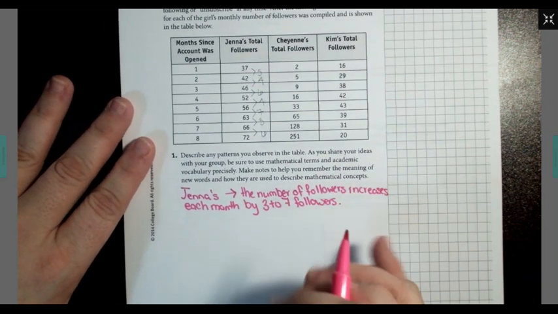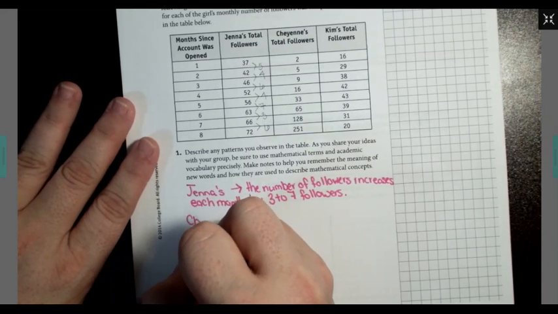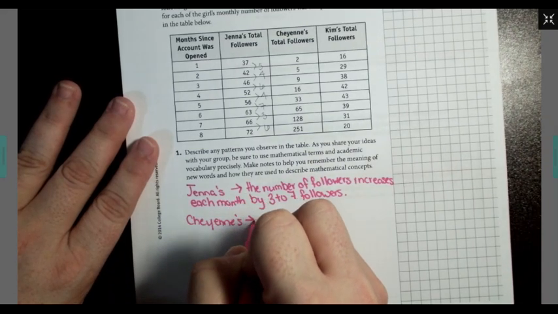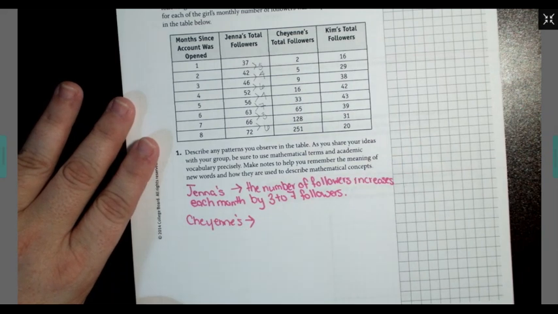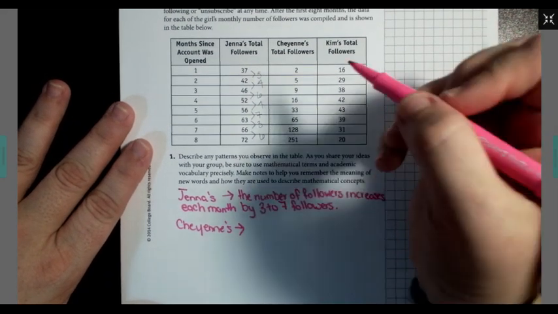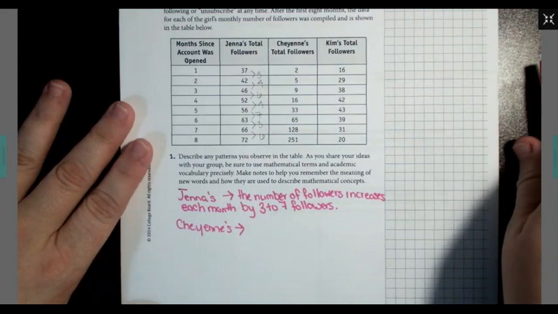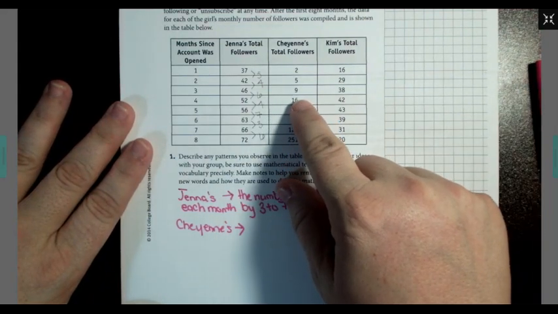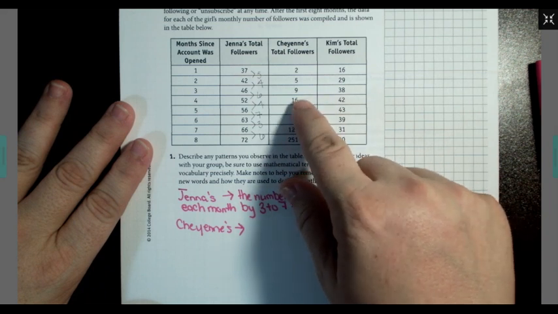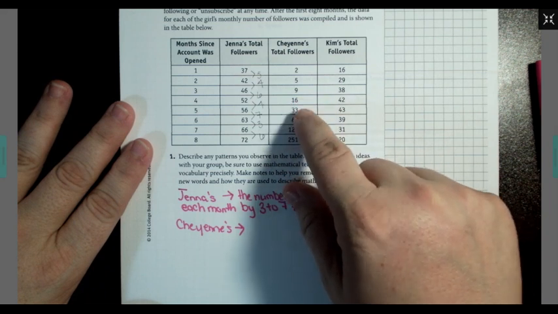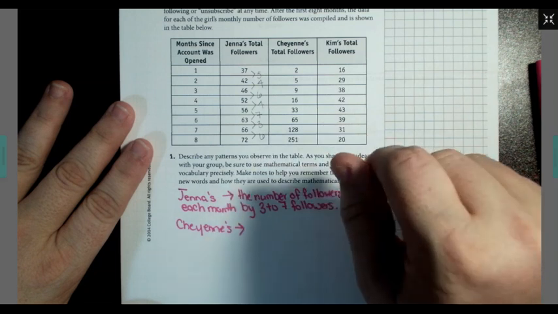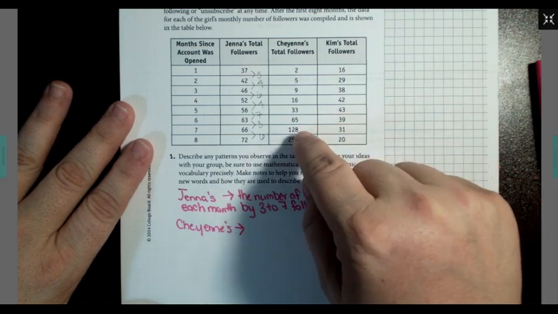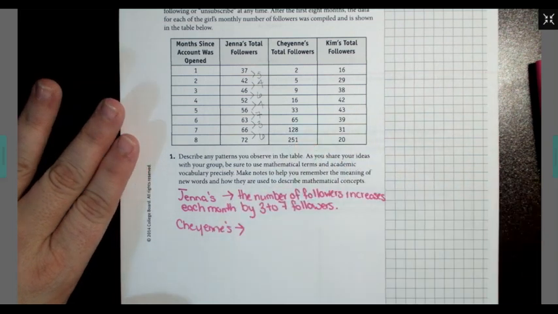Let's talk about Cheyenne's. Cheyenne's followers went from 2 to 5, 5 to 9, 9 to 16, 16 to 33, 33 to 65, 65 to 128, and then 128 to 251.